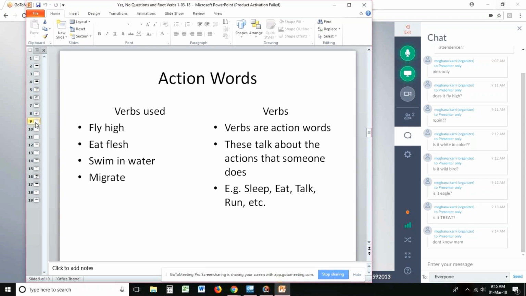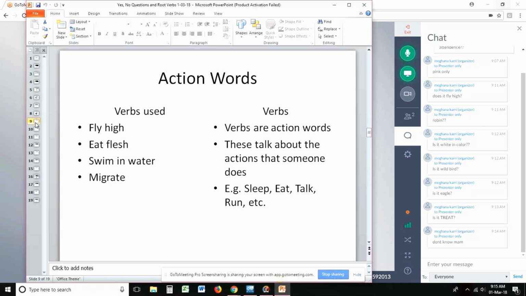Can it fly high? Does it eat meat? Does it climb trees? Does it eat bamboo? You used innumerable action words when you were talking about different animals and birds, like fly high, eat flesh, swim in water, migrate, and all those action words you used last time.